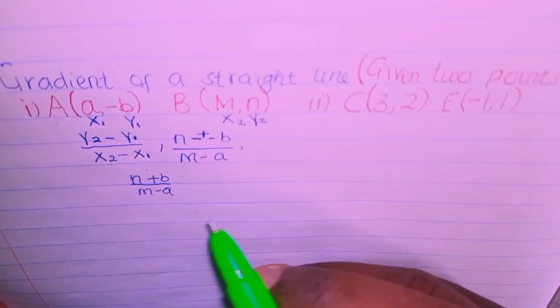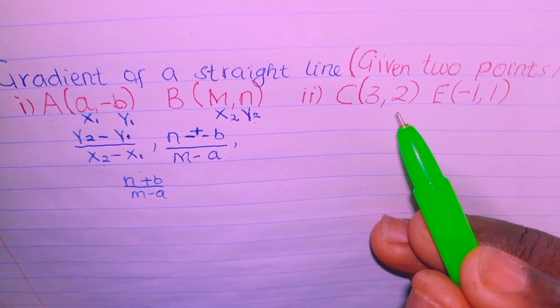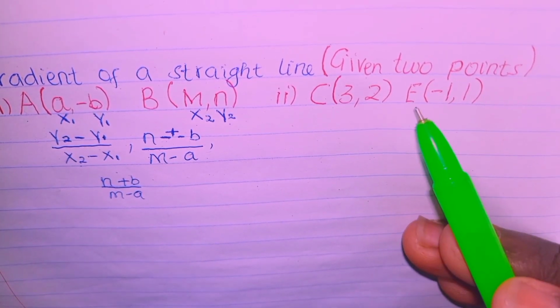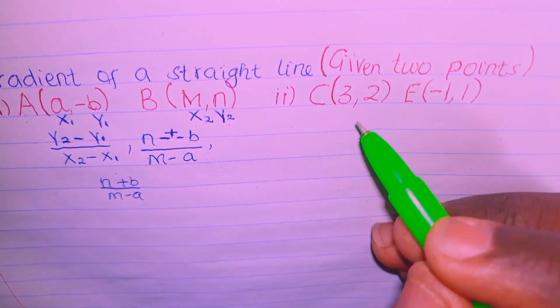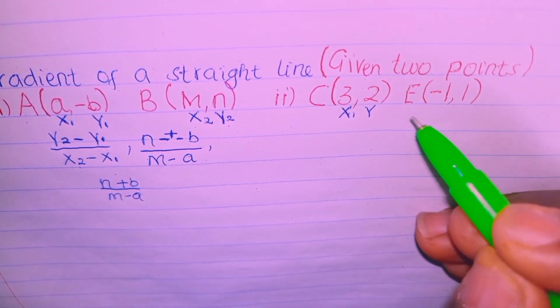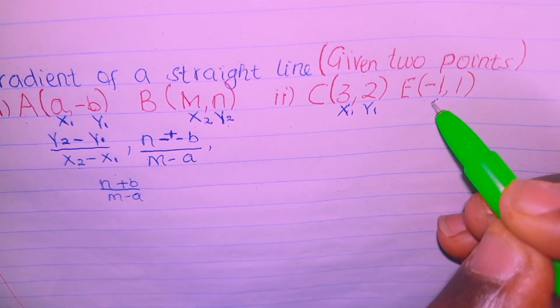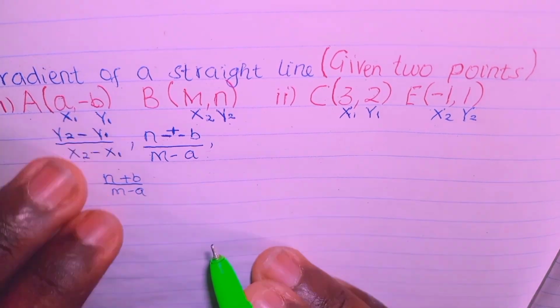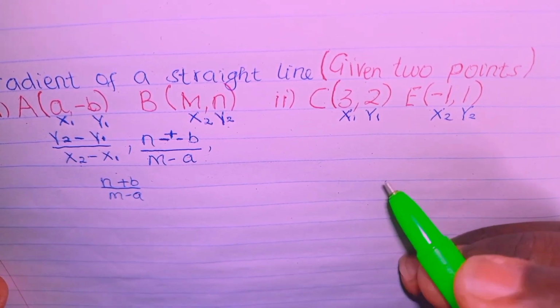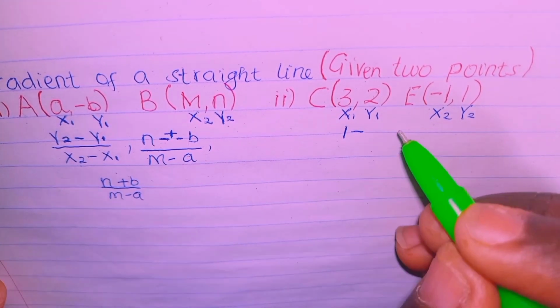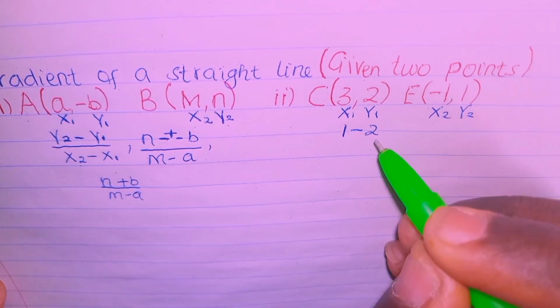For Roman 2, we have points 3, 2, which is point C, and point E, negative 1, 1. So we can name this one x1, y1, and this one x2, y2. Let's apply the same formula to calculate the gradient. Our y2 is 1 minus our y1 which is 2.